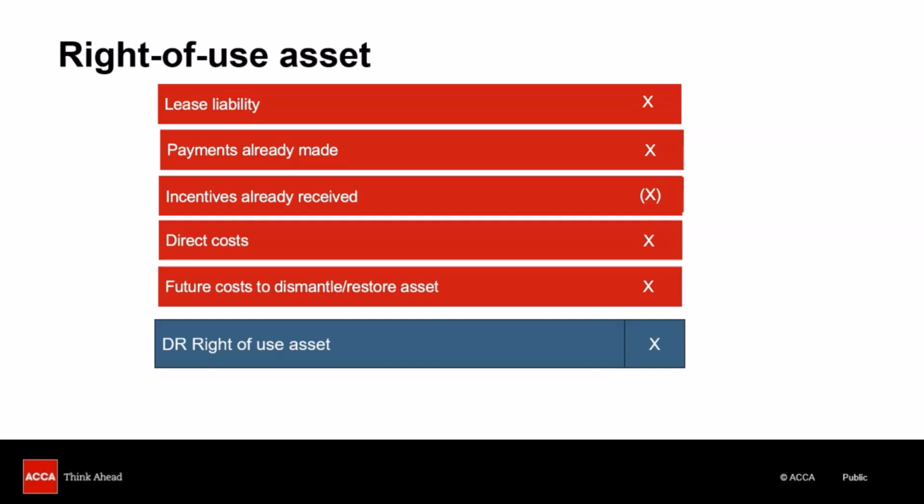This is the value with which we debit the right of use asset and subsequently charge depreciation on it. With respect to the credit side of this entry, we debit the right of use asset with the whole amount. Against that, we credit the lease liability that we have calculated previously. We credit the bank with the amount that has already been paid.